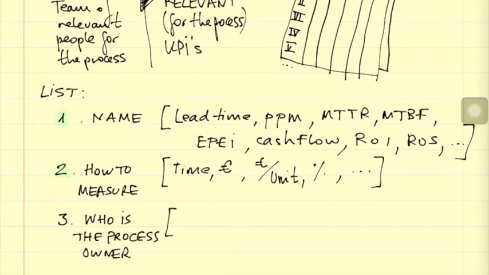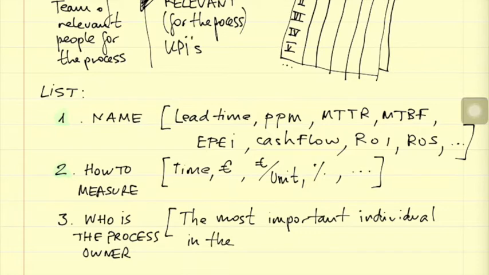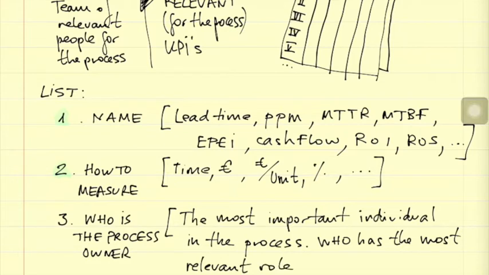Okay, and here the process owner is the most important individual in the process, who has the most relevant role within the value creation.